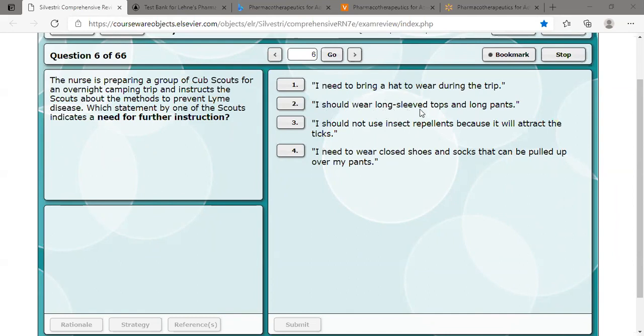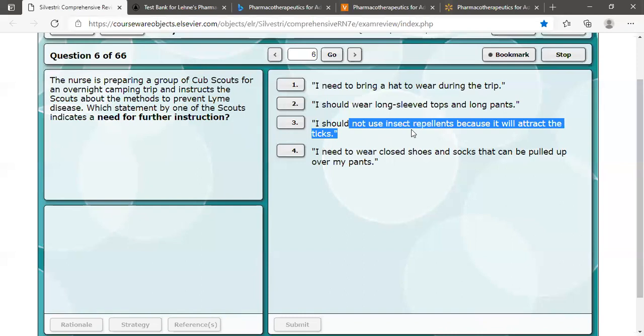Yes, very good. So if your hands or feet are exposed, open up, more chance to be bitten by the ticks. So it is nothing wrong. I should not use the insect repellent because it will attack the ticks. I will not use.